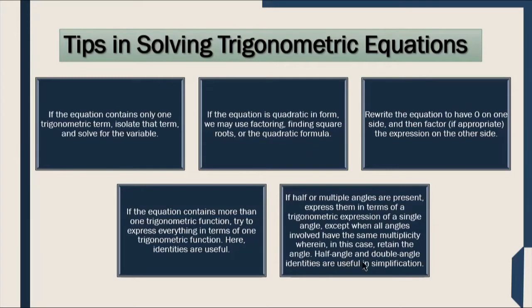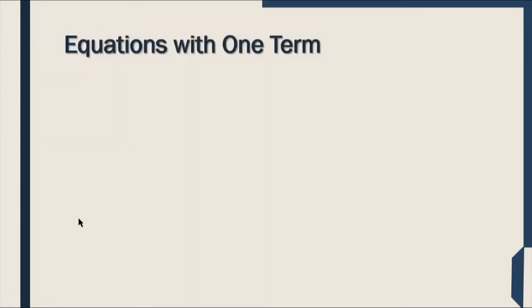Half angle and double angle identities are useful in this simplification. Okay, let's cite an example for equations with one term. Solve the equation 2 cosine x minus 1 equals 0.